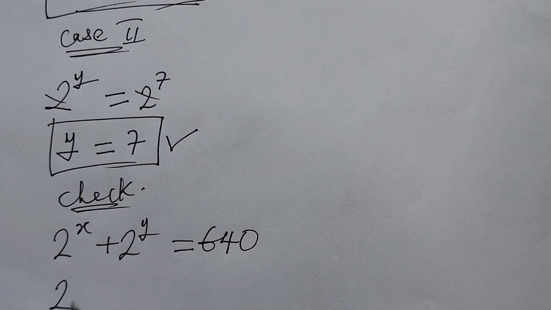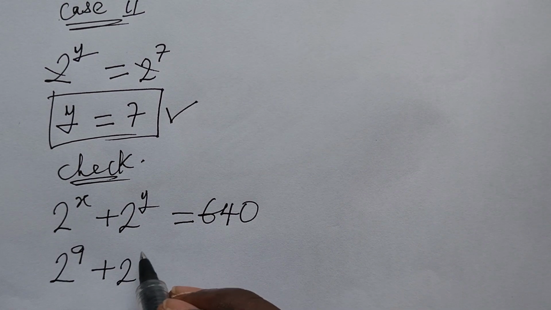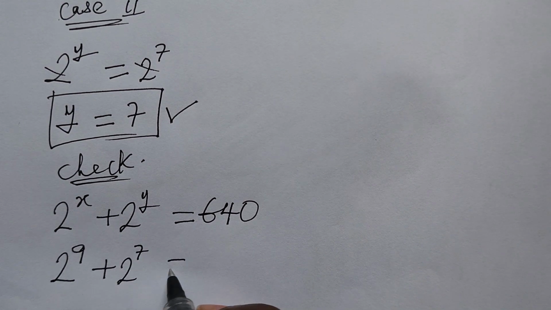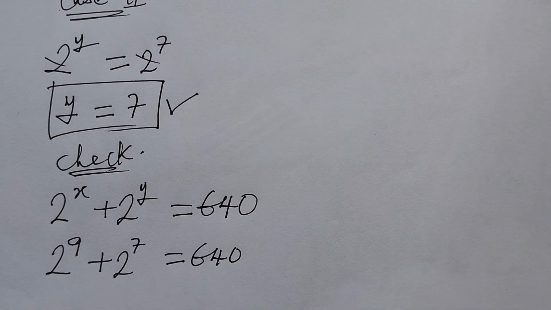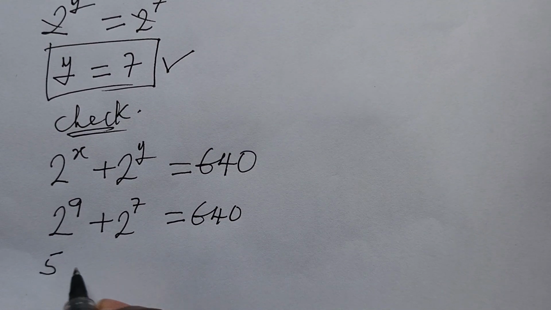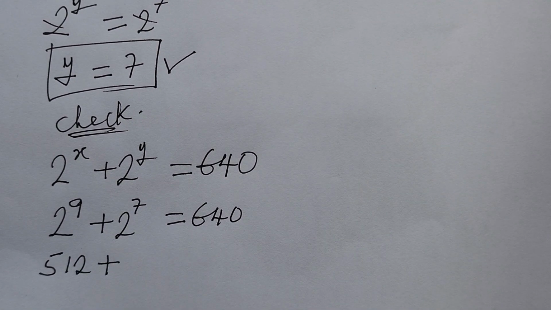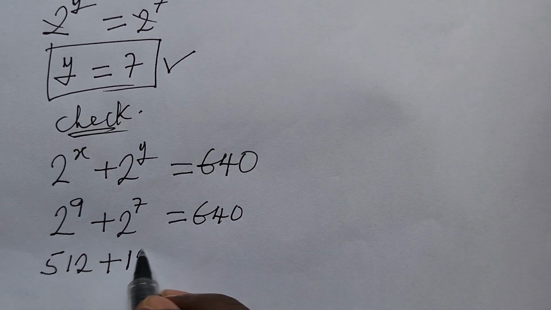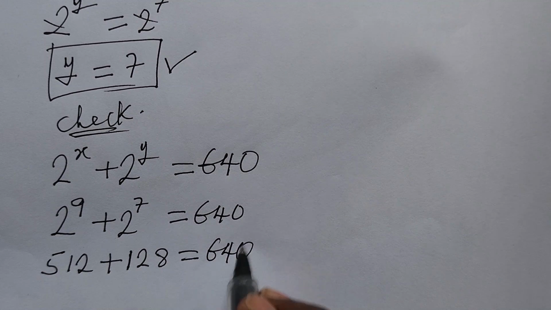So we're going to have 2 to the power of 9 plus 2 to the power of 7 equals 640. So what is 2 to the power of 9? 2 to the power of 9 will give us 512. Then 2 to the power of 7 will give us 128, right? Yeah, 128. This is equal to 640.